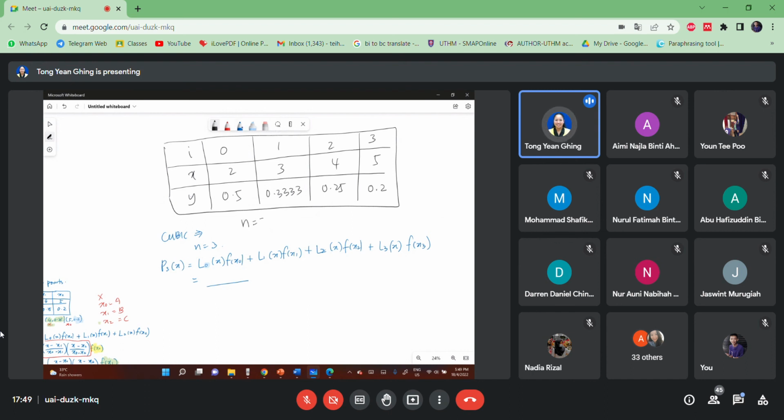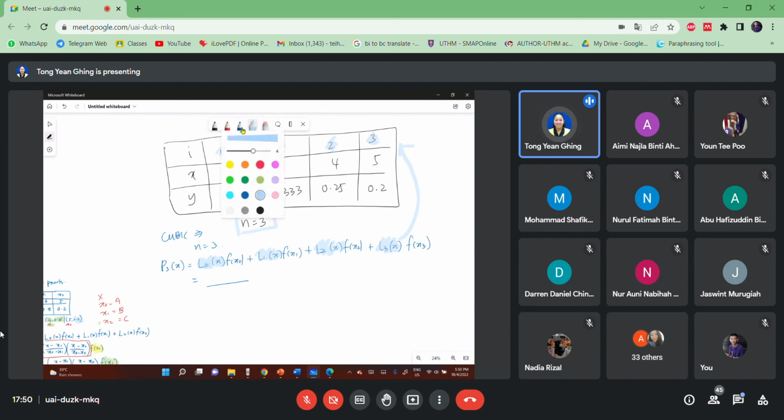So n equals 3. That's why we need to have the weighting function starting from L. You see we have 0, 1, 2, 3, until 3. So that's why the weighting functions have to be L0, L1, L2, L3, based on how many n we have. Here, n is equal to 3.